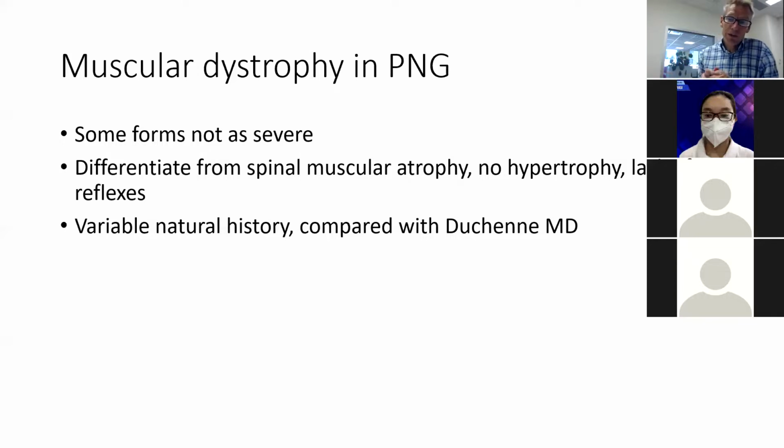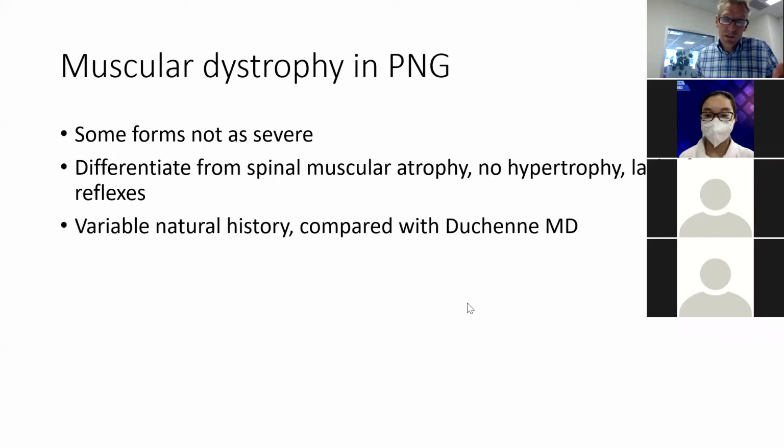Usually when the children are about school age, they start to be seen to have muscle weakness. Sometimes it's a muscle problem, and sometimes it's a nerve problem like an anterior horn cell problem, but it's essentially a peripheral neuromuscular problem. So we shouldn't think that they all will follow the same prognosis as Duchenne's muscular dystrophy, because some of them can live into adulthood and be better than that.